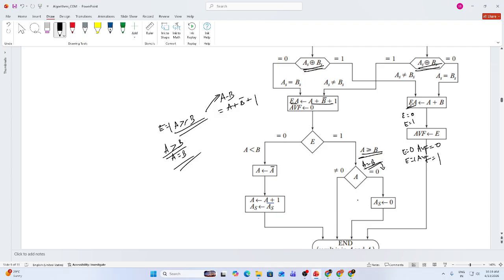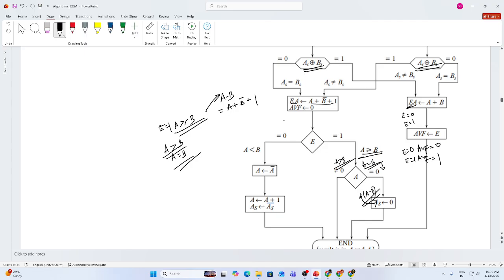For that I need to push AS to 0, to ensure that the result is positive. If A is greater than B, I already did the operation, so the result is there in A. So end the algorithm, right?